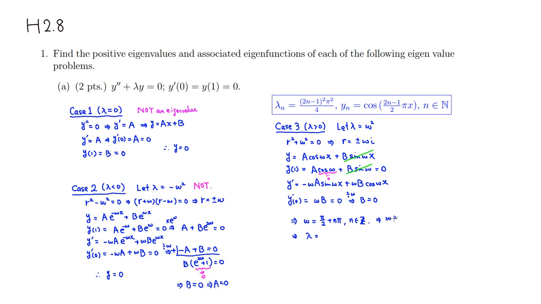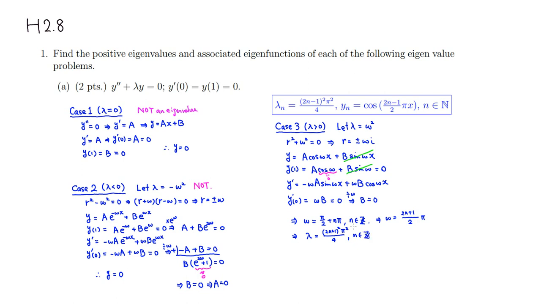Omega is equal to, taking a common denominator of 2, n pi plus pi over 2, which is 2n plus 1 times pi over 2. So you just have to square this: the denominator 2 squared is 4, and we have 2n plus 1 squared times pi squared, for n being any integer.